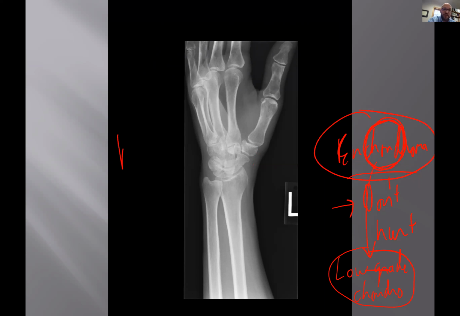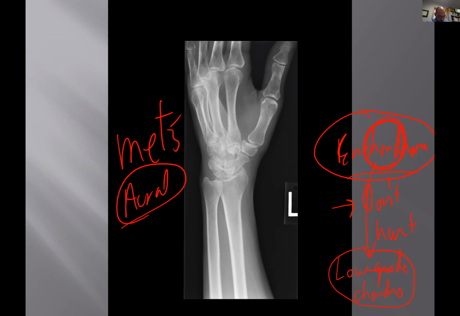Yes, Mets would be on the differential here because it hurts. But it's acral Mets, you know, it's distal. So we're dealing with mostly lung cancer and kidney that goes distal.